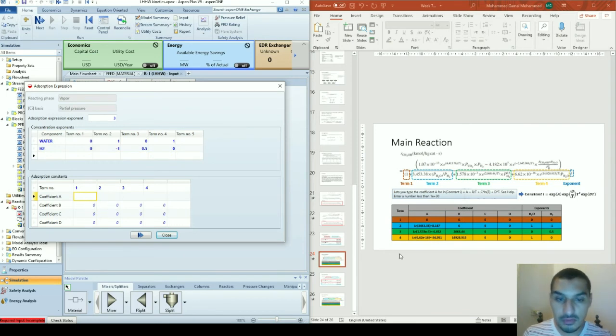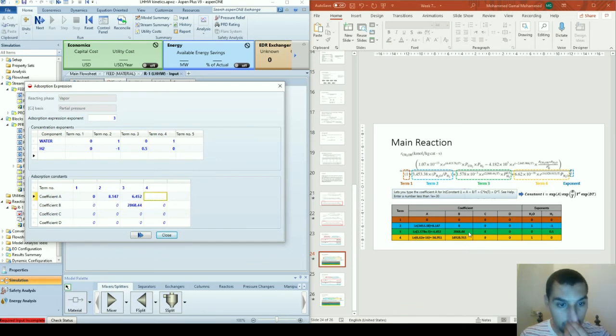Okay, for term number 1, which is this, I have the coefficient A is 0. For term number 2, coefficient A is 8.147 and coefficient B is 0. For term number 3, we have coefficient A is 6.452 and coefficient B is 2068.44.